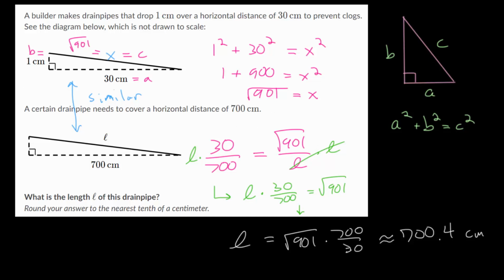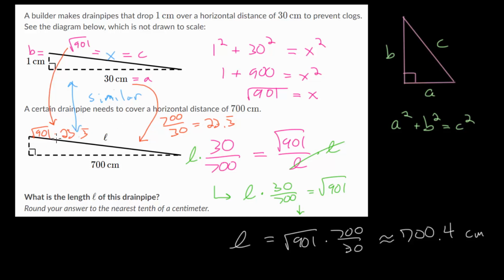But it might be more straightforward to just think, what did you multiply by to go from 30 to 700? And you can just find that by dividing 700 over 30. That is 23.3 repeating. So you can do the same thing because these are similar triangles. They are proportional. Take this root 901 and multiply it by that same number, this 23.3 repeating.